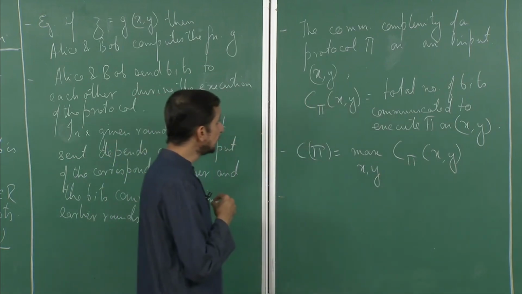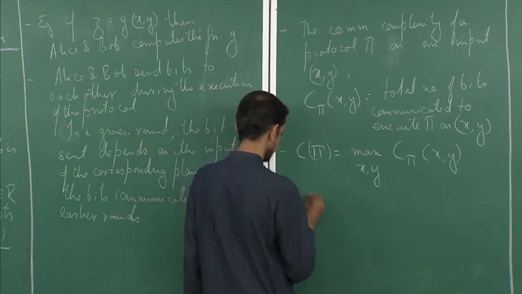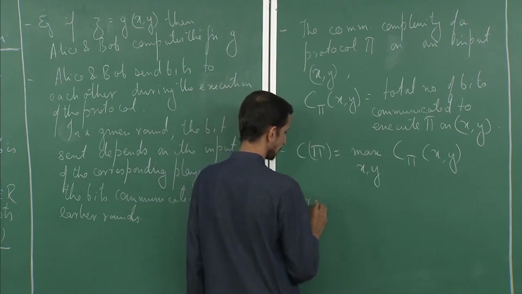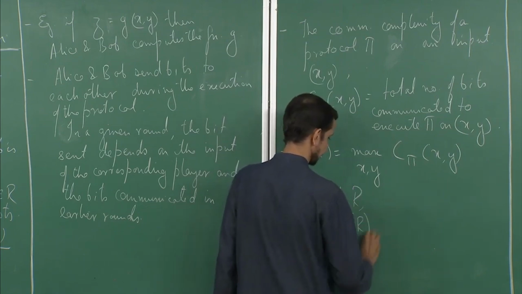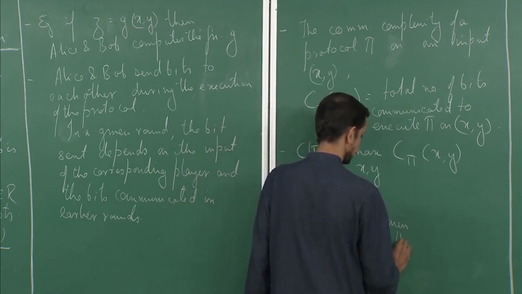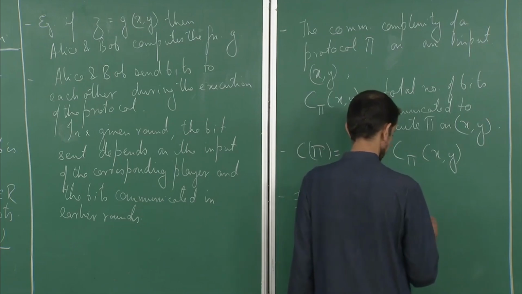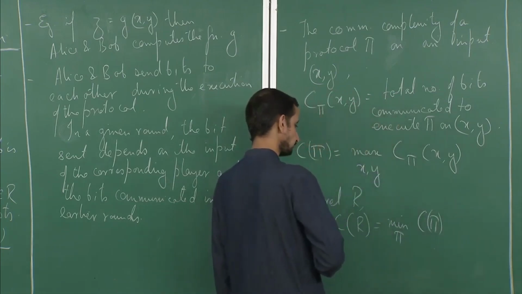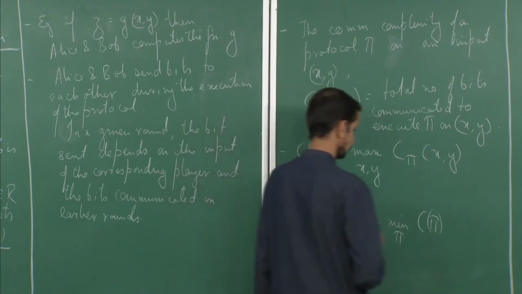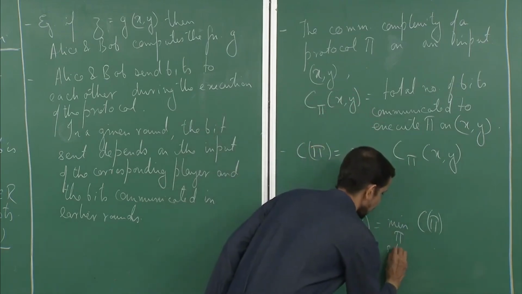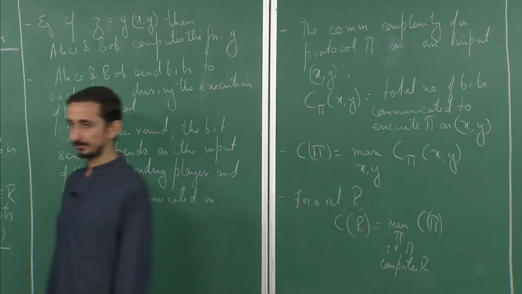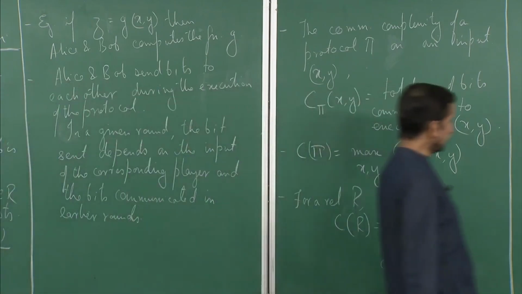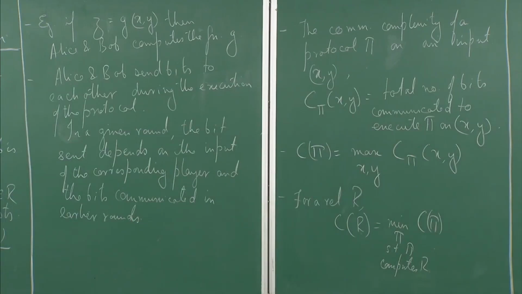And the communication complexity of a relation, okay, so suppose we have a relation R. For a relation R, communication complexity of R is defined as the minimum over all protocols of C of pi such that pi computes R. Okay.